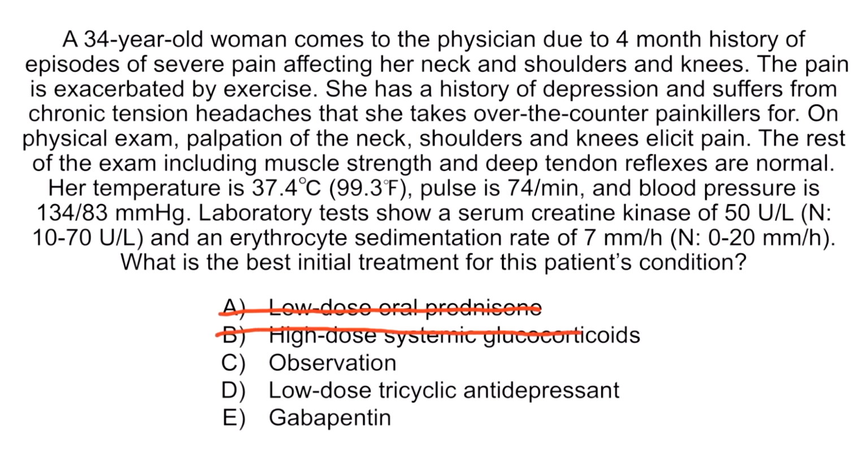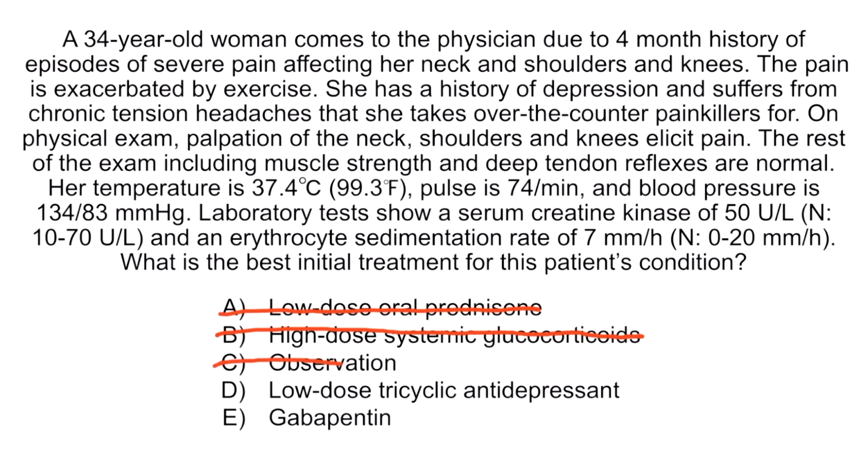Now, option B is incorrect because high-dose systemic glucocorticoids is the treatment for giant cell arteritis. Now, giant cell arteritis mostly affects the elderly and classically presents with a temporal headache and jaw claudications and visual deficits. Those are all absent in her. And again, the association there is with polymyalgia rheumatica. You wouldn't really expect giant cell arteritis in a patient with fibromyalgia.